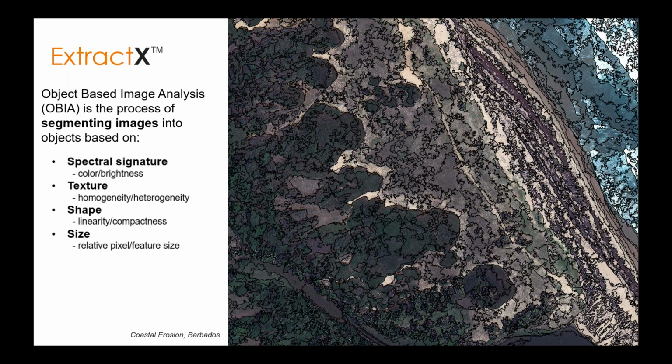So it replaces what the old photo interpreters would do, taking them days or weeks to draw landscape features on top of the aerial photo. This can be done in seconds. It's quantifiable. Everything we do is statistically based, eliminating the human bias, making it scientifically repeatable and ideal for change detection analysis.